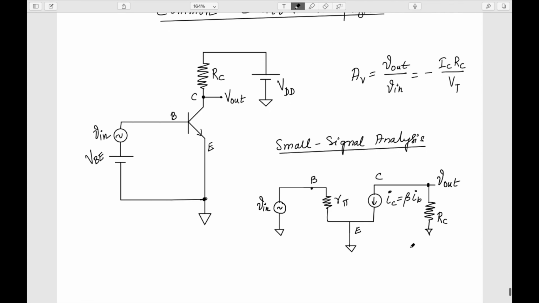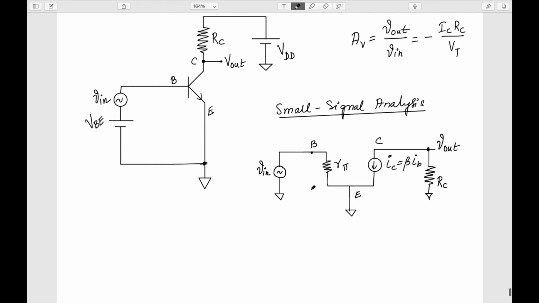Now here we can do the simple network analysis and try to find the relationship between V out and V in. I am supposed to get this kind of expression for this as well. If you see here, this IC current is flowing through RC, and this small current is flowing through R pi because of this V in, and it is developing this voltage VBE.